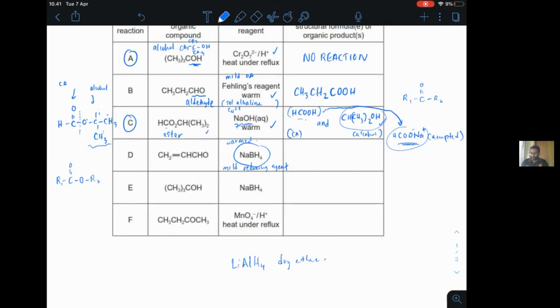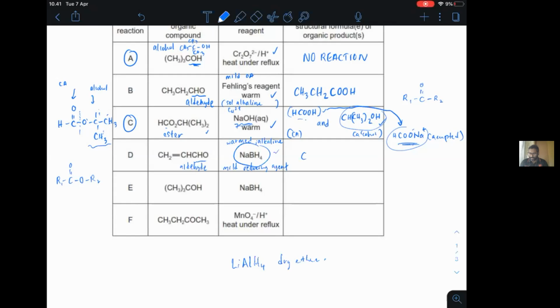But this one is going to be NaBH4, and it must be alkaline and warmed. So what happens over here is this is going to be used to reduce aldehyde. It will reduce the aldehyde back into primary alcohol.